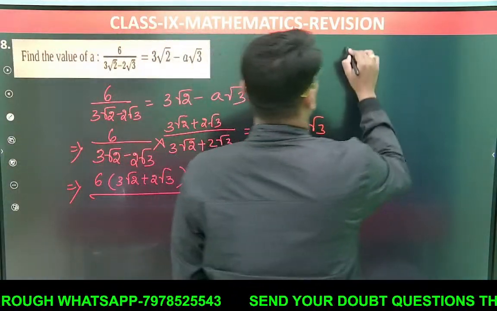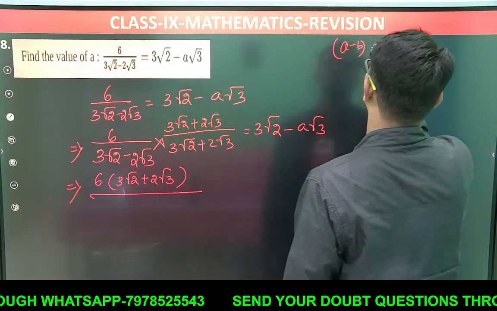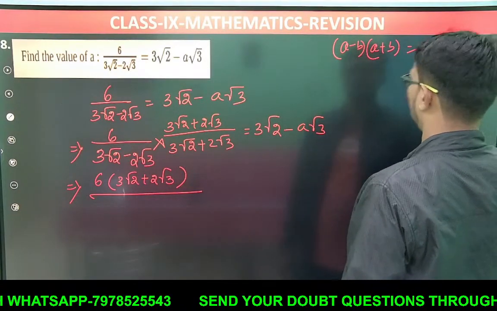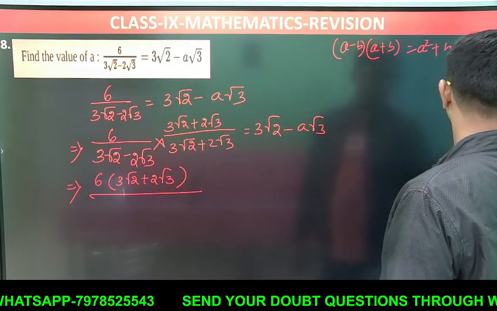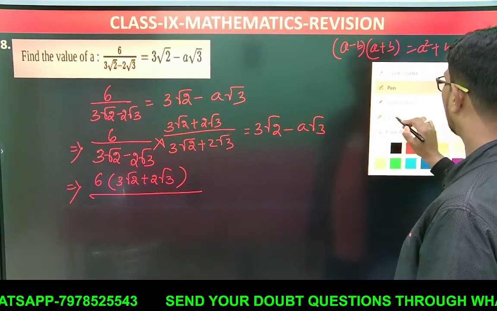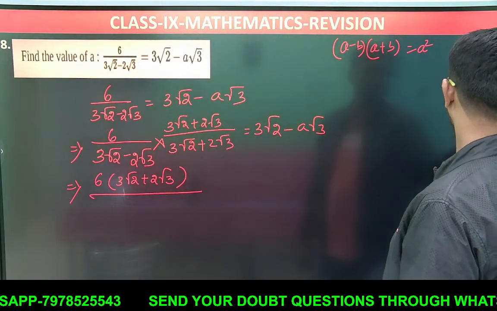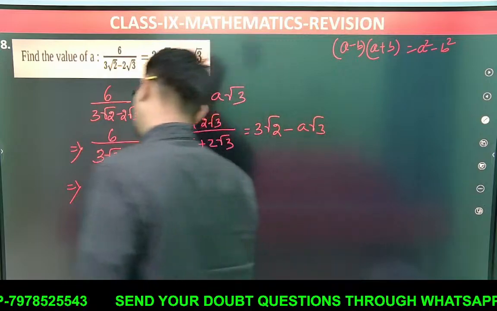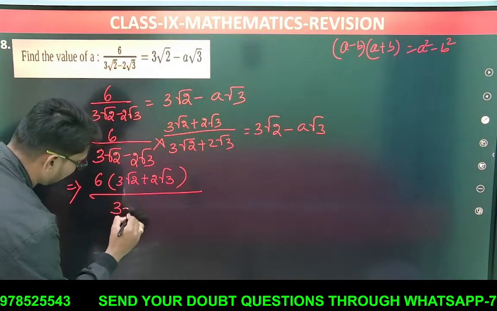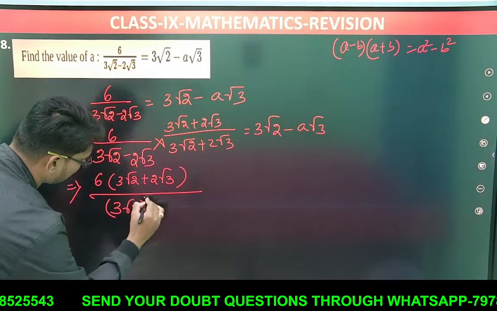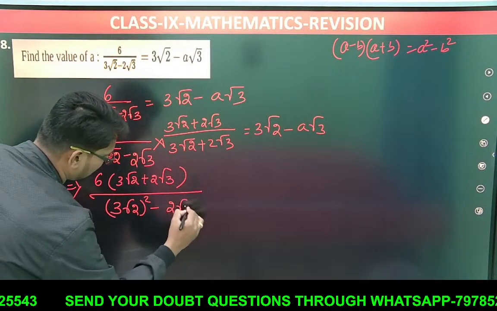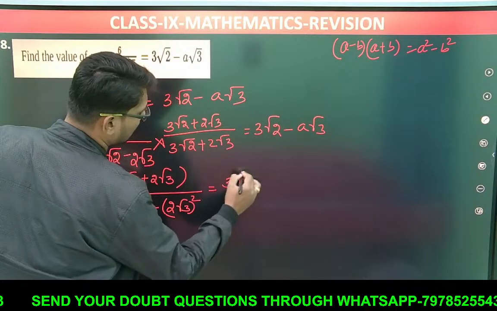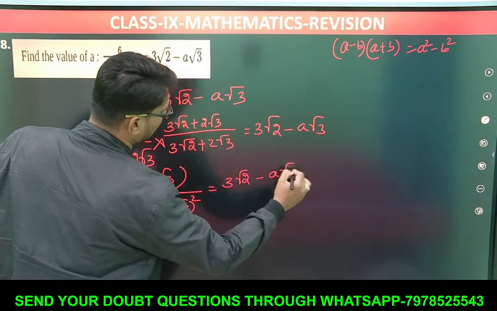We know a minus b into a plus b is equal to a square minus b square. So in place of a we can write 3 root 2 whole square minus 2 root 3 whole square, equal to 3 root 2 minus a root 3.